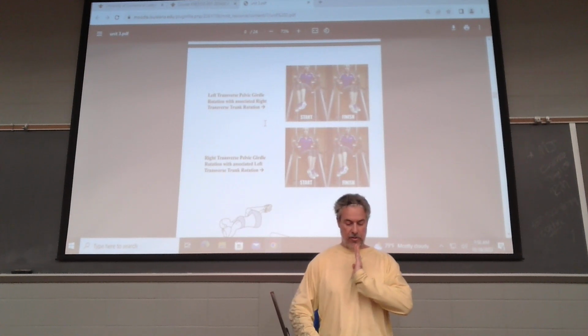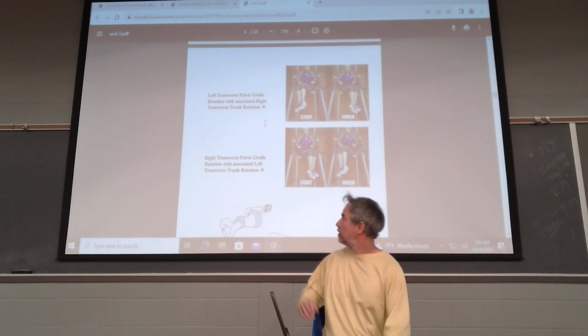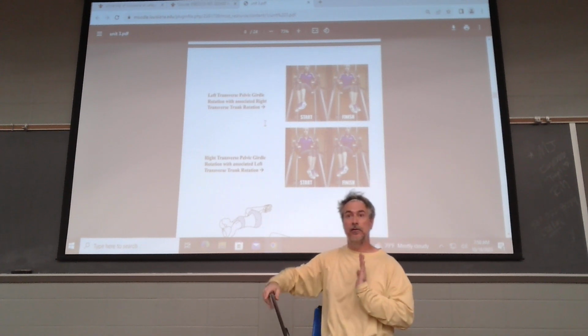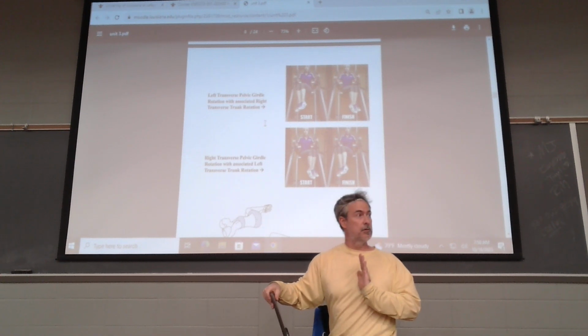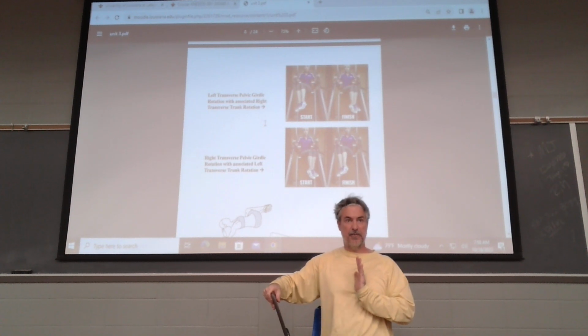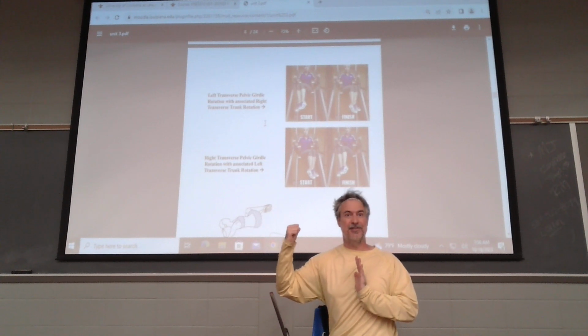If she was here, sternum and pubis lined up, notice her sternum is looking at her left hip. Does that make sense? So her pelvis must have spun to the right to get her in that position, but her trunk had to spin to its left.